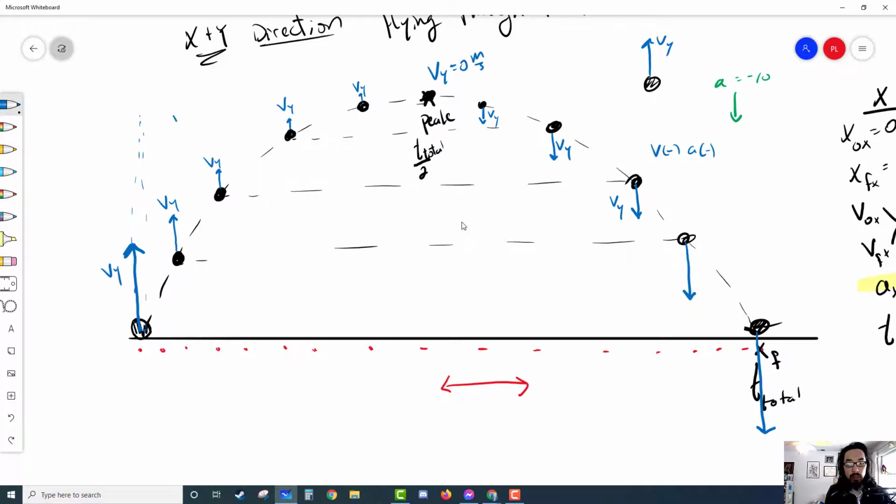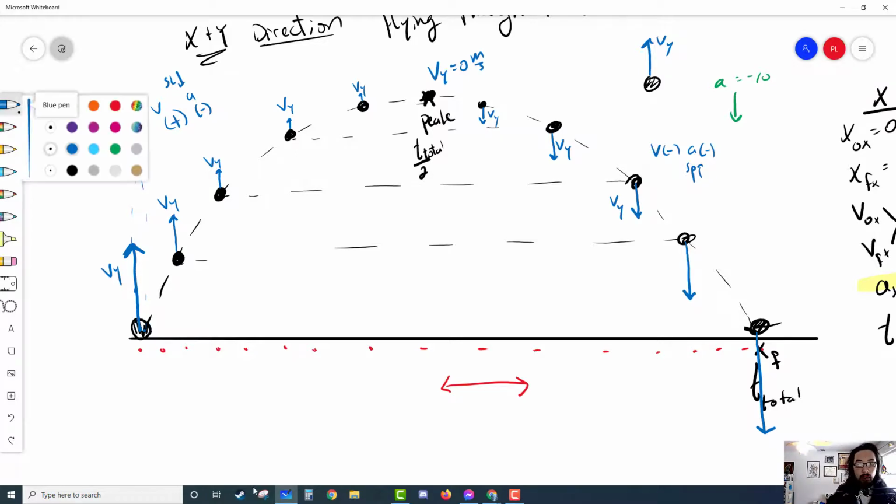Compared to over here, our velocity was positive and our acceleration was negative. So it's slowing down as it goes up, but as it's falling, it is speeding up. This is what it looks like in the y-axis.